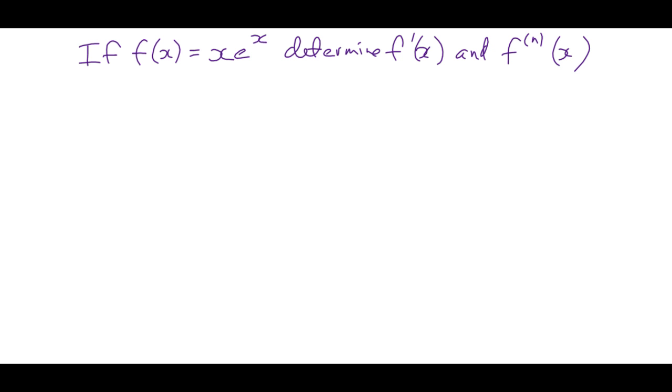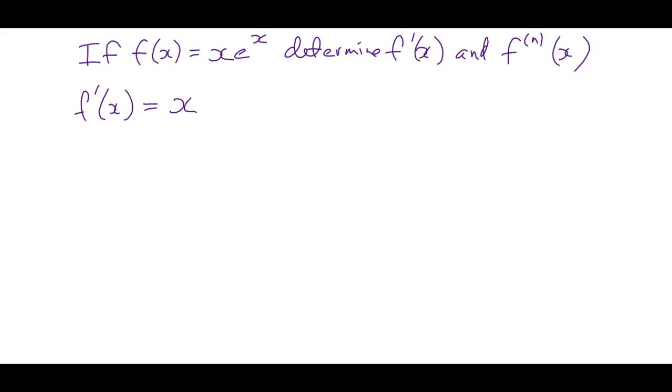Okay, so f prime of x. Using the product rule, it is the first thing, x, times, now do you want detail or not so much detail? Like I can write d by dx of e to the x. We know that. It's the product rule, we've been doing that for weeks now.